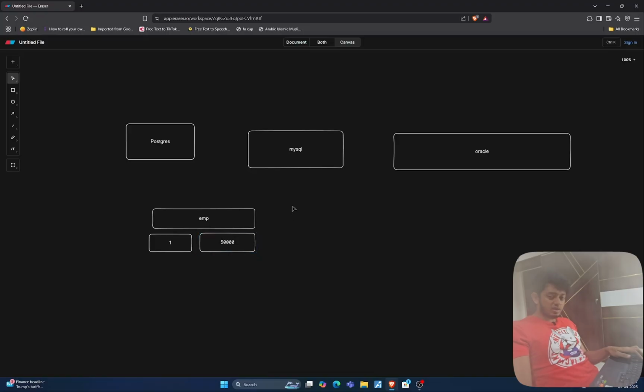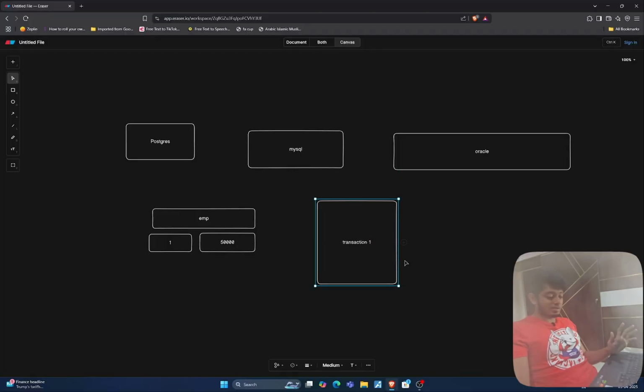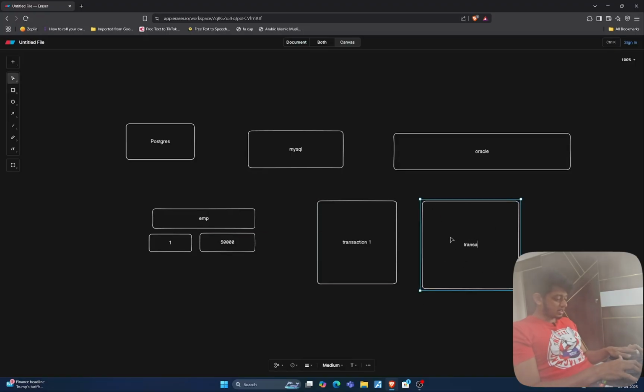So there's this table with the employee ID and salary, and let's consider there are two clients, in the sense of someone who wants to access that data. Let's label this as transaction 1, a transaction which is coming into the database, and this is another transaction, transaction 2, which is also coming into the database.